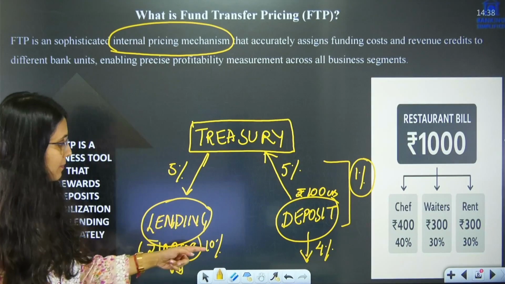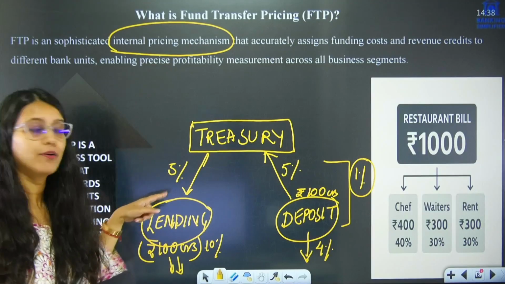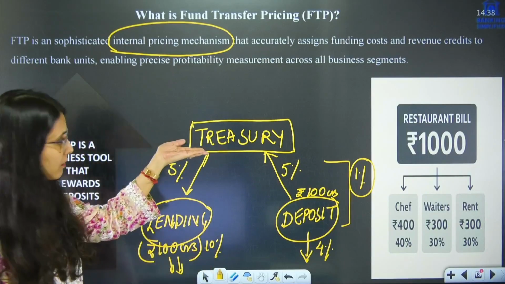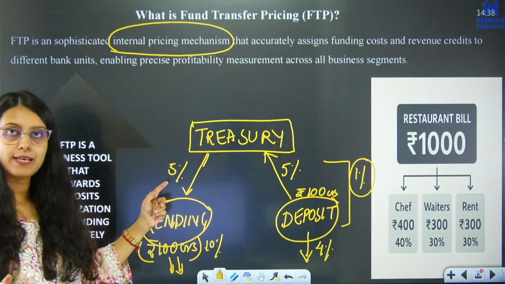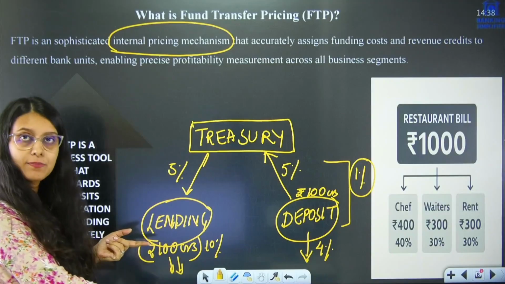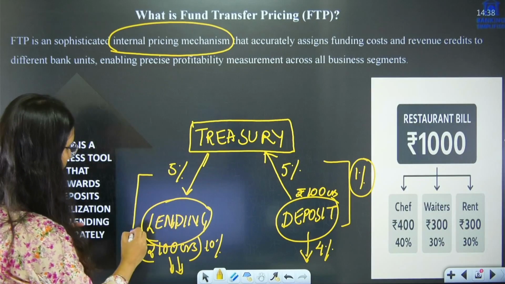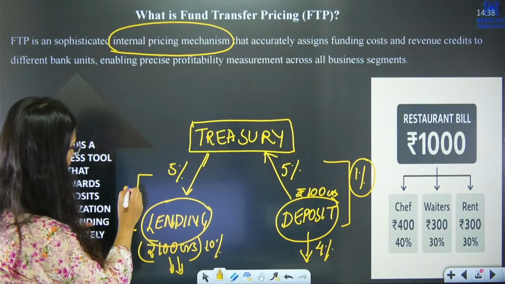So what is the profit? Got the funds at 5%, lending the funds at 10%, an earning of 5%.